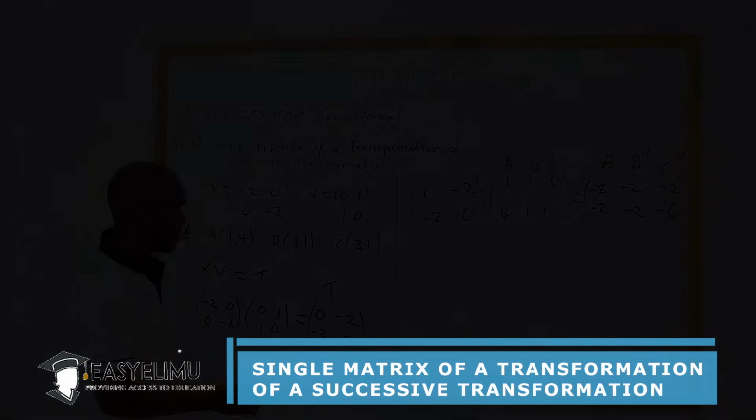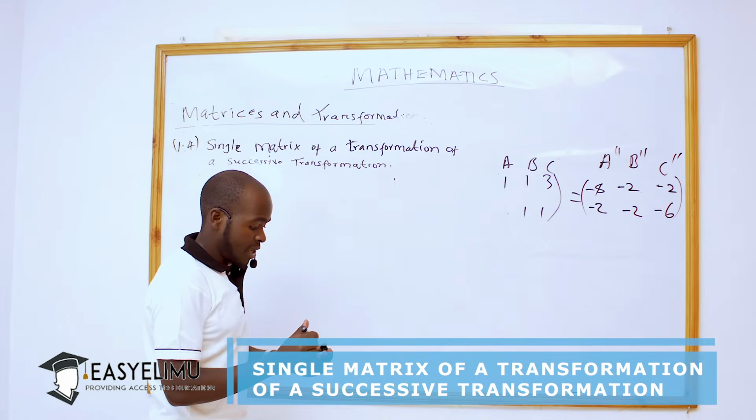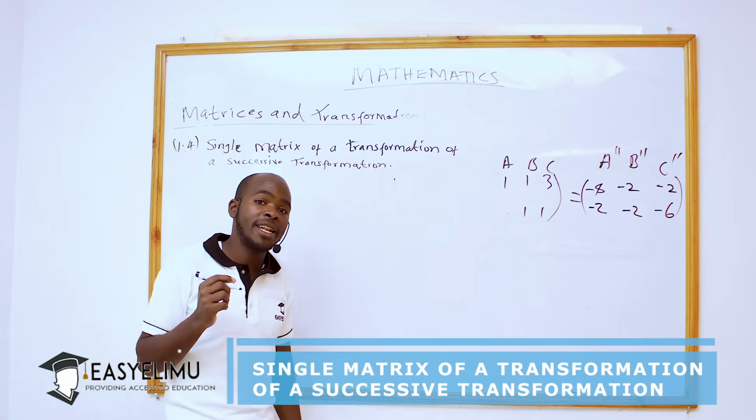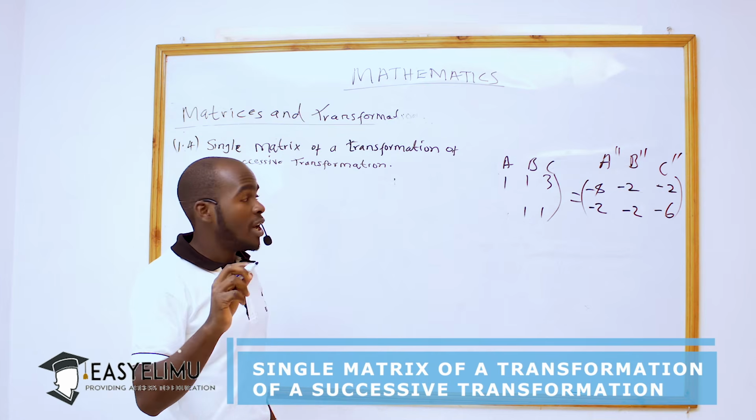Now we can generally say that given different kinds of matrices, we can still find a single matrix of those transformations.